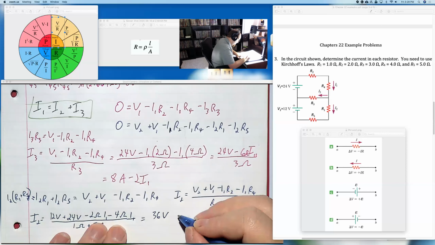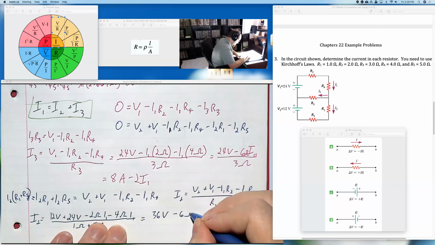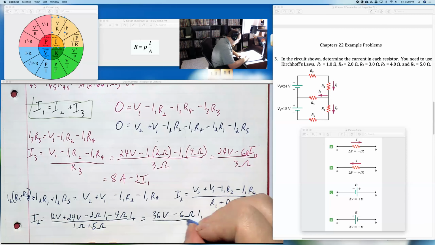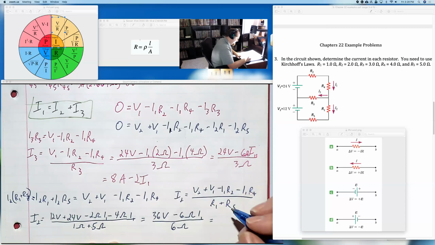Negative 2, negative 4, negative 6. And 1 plus 5 is 6. 36 divided by 6 is 6.